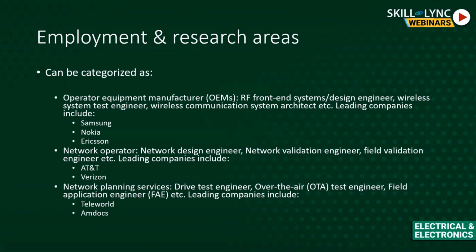The first category here is what we call original equipment manufacturers, or OEMs. They are the companies that manufacture the equipment that goes on cell towers. So the base station has its RF front end on it. We call it a remote radio unit, RRU. And then we have a BBU, a baseband unit.